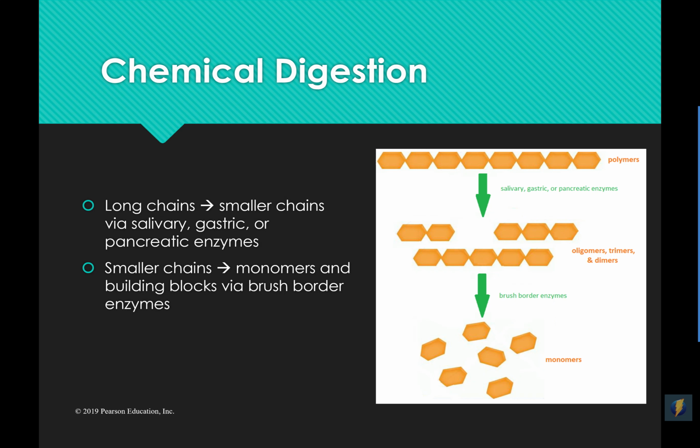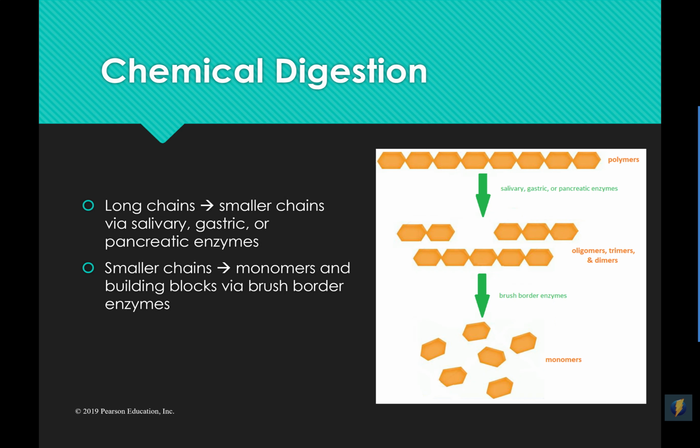Essentially what we're doing is breaking long chains into smaller chains, and then breaking those smaller chains ultimately into single building blocks. So we're going to go from a polymer to something called an oligomer, or a trimer or a dimer, multi, 3 or 2.